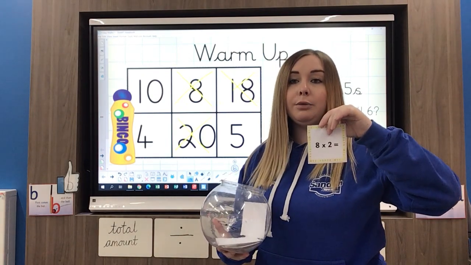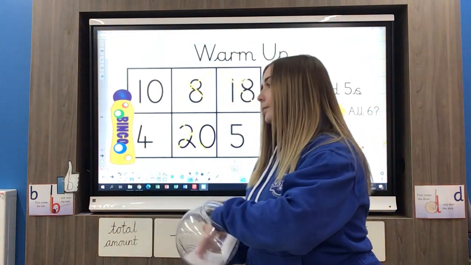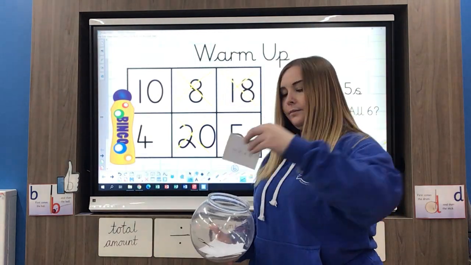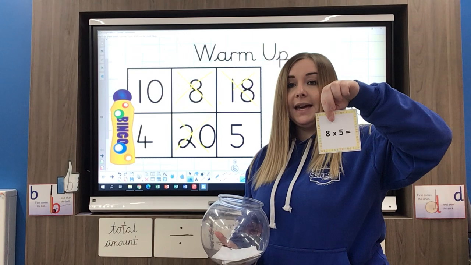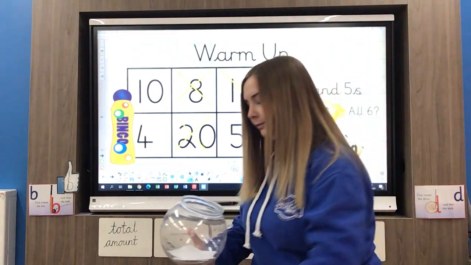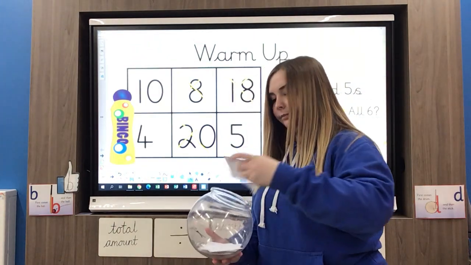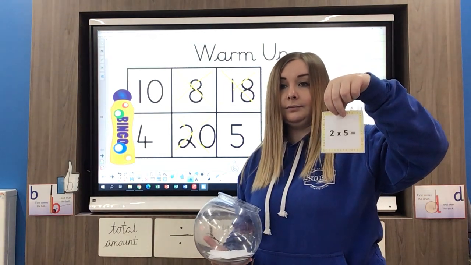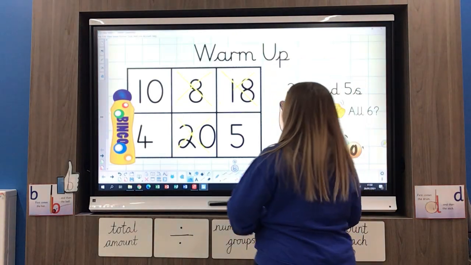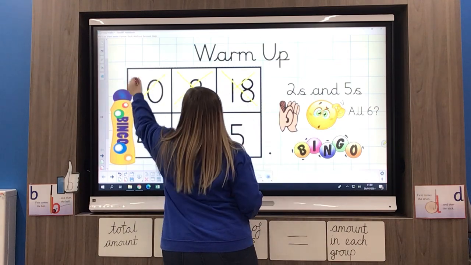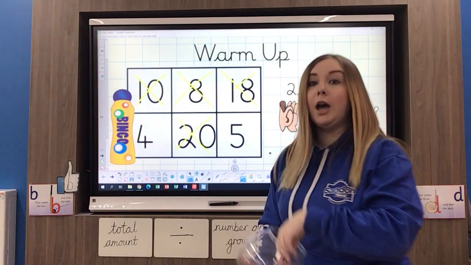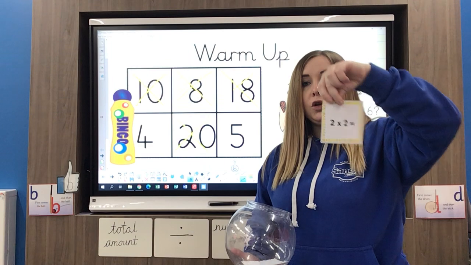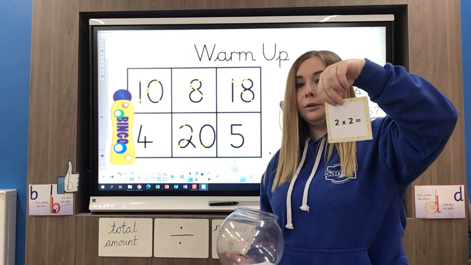8 times 2. 8 times 5. 2 times 5. I've got that one. I can cross that off. I'm getting closer now. I wonder how you guys are doing at home. 2 times 2.